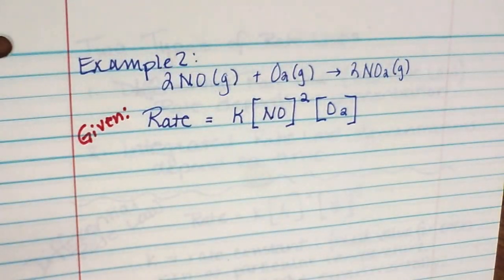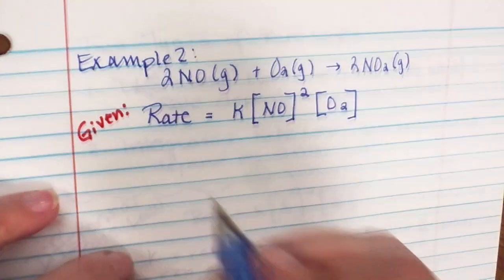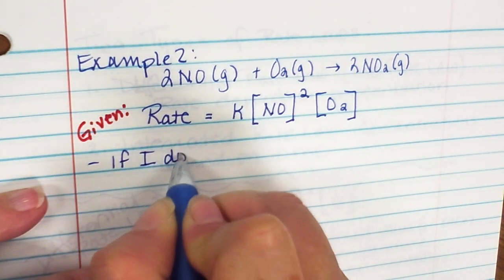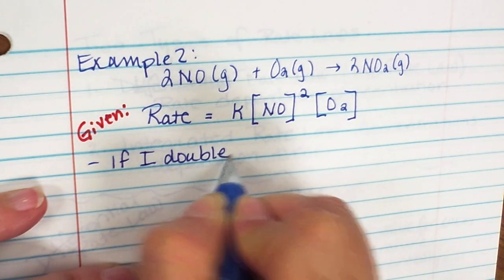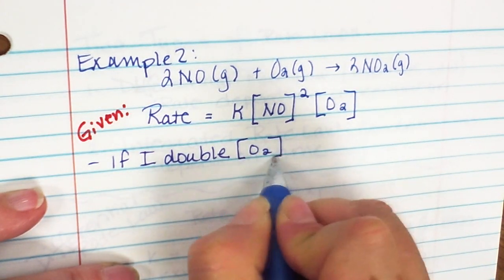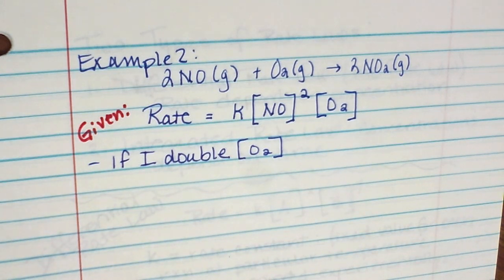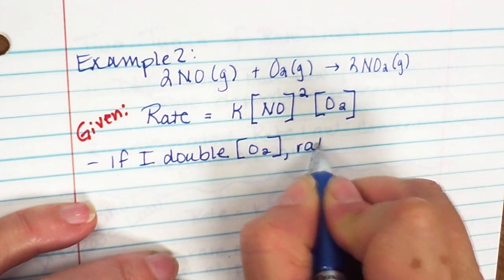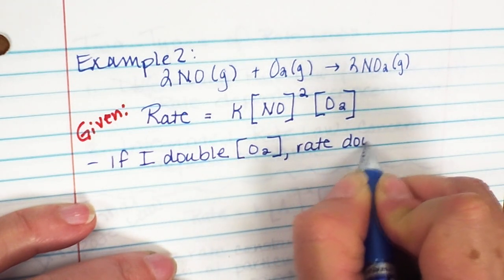So now let's discuss what it means. If I double the concentration of the O2, it has an exponent of 1, so the rate doubles.